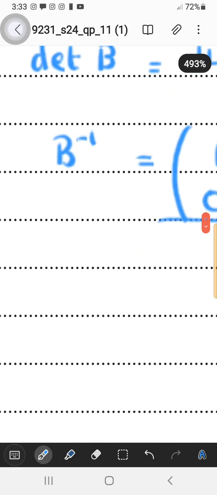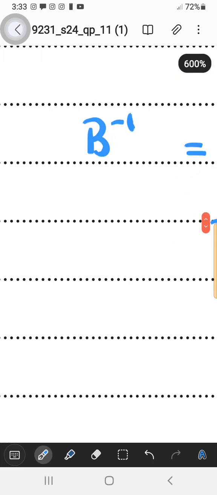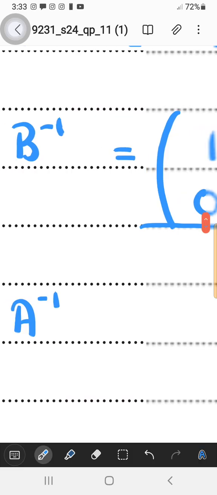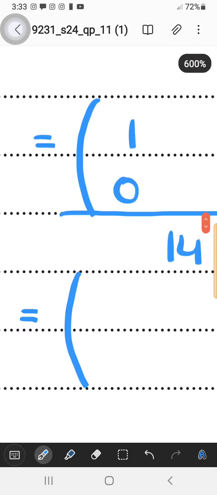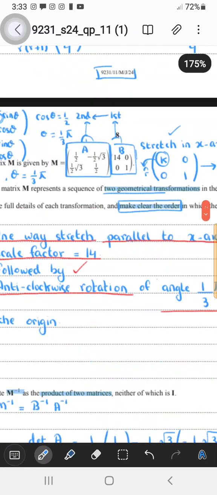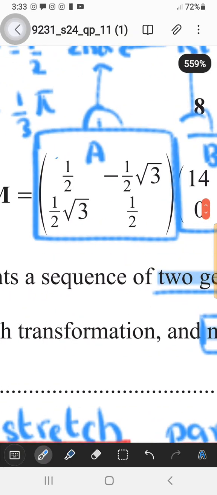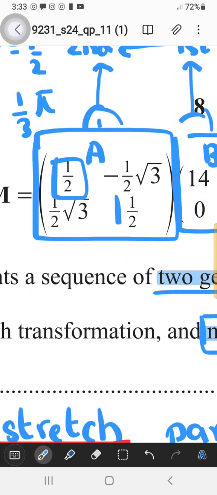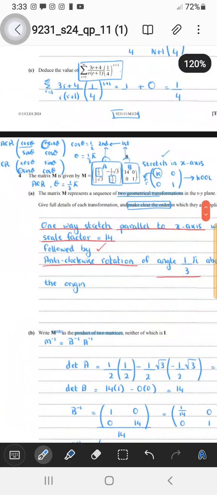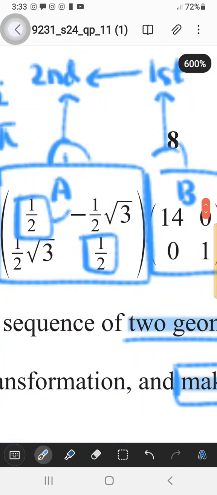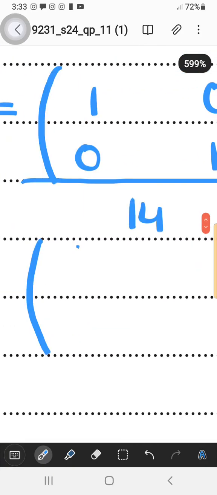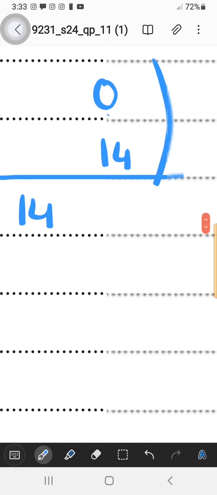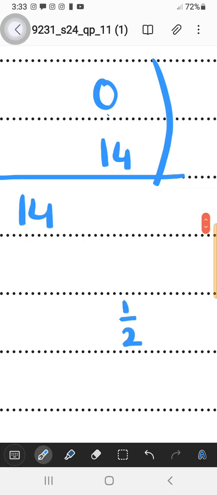Then we will find A inverse. To find A inverse, as I said, we will shift this to this position. If we notice they both are the same, so just write 1 upon 2 and 1 upon 2.